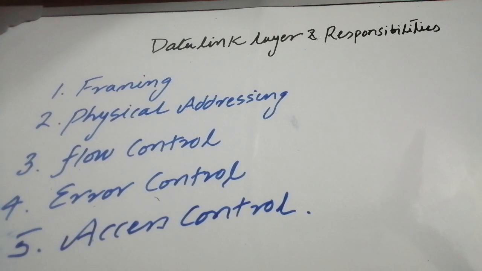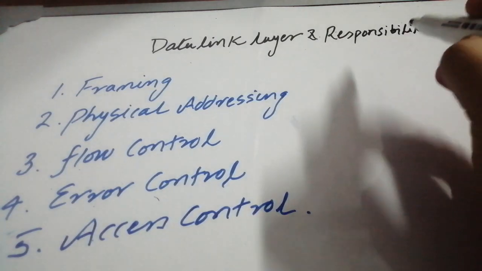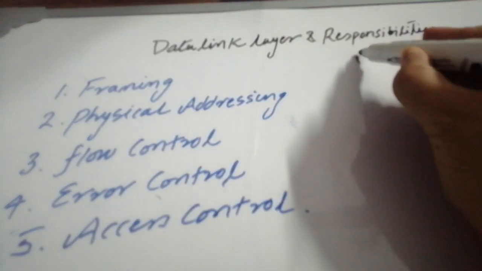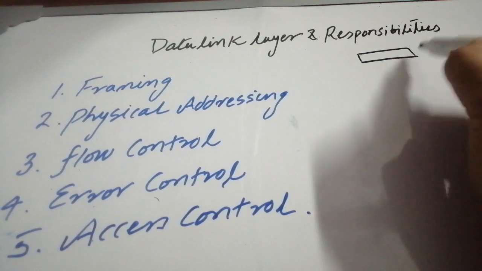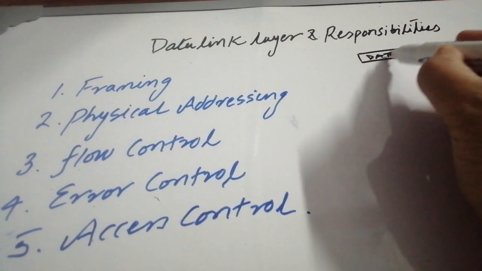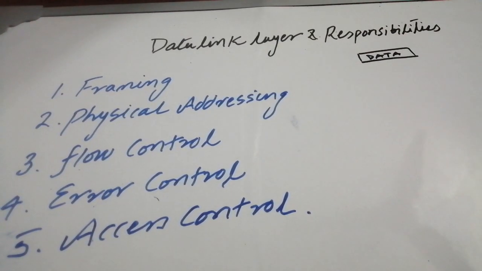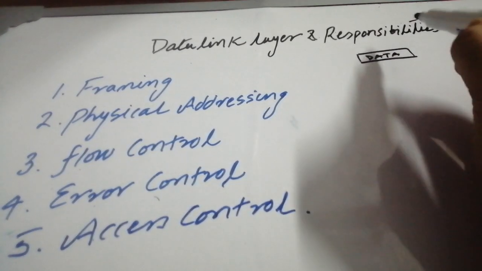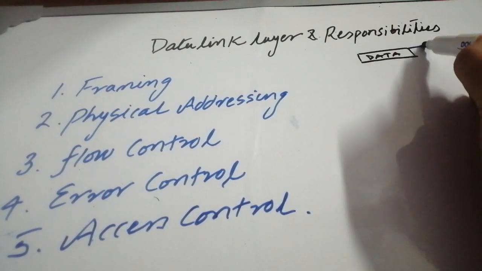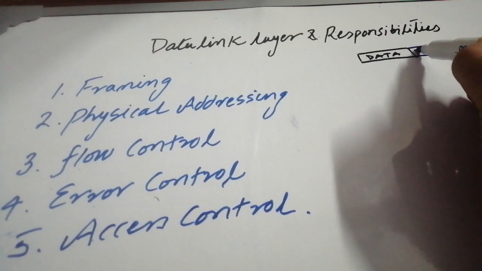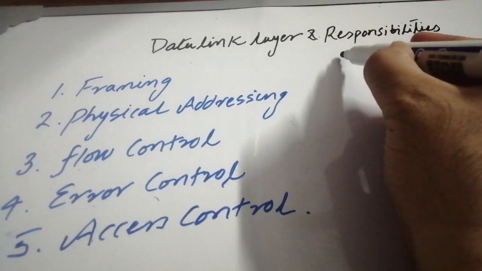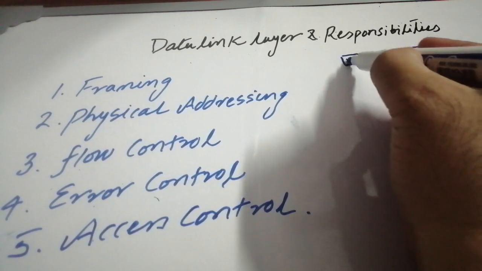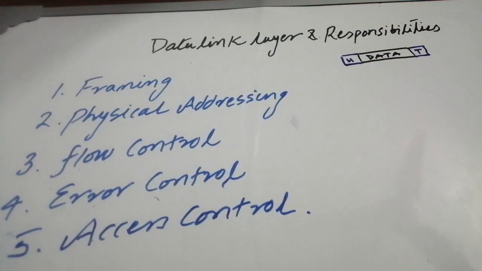Now the data is represented in the form of frames by attaching a header and a trailer to the data. So this is the representation of our data, and in the data link layer a trailer is attached with this data along with the header, right?